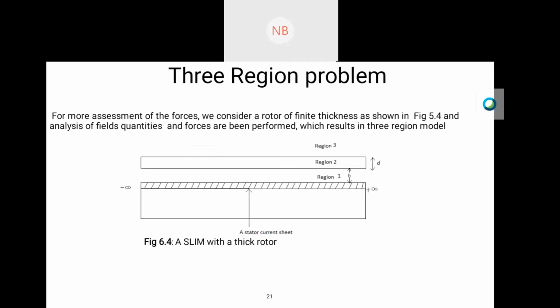Here the same process goes on. The calculation of the flux density, then linear current density and forces are done, and we obtain the final curves for the propulsion and levitation forces. So next slide.